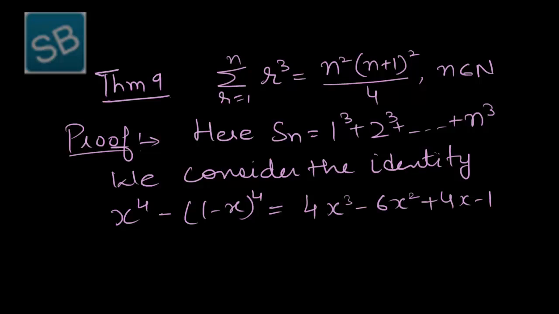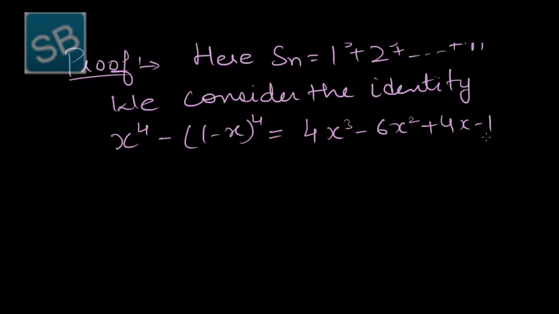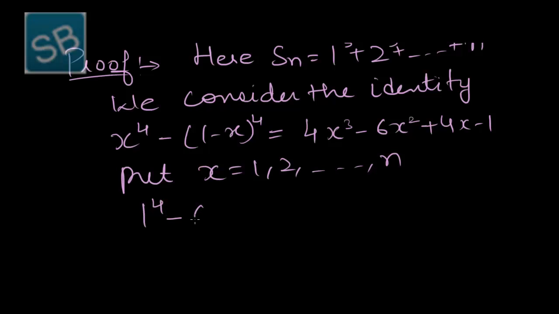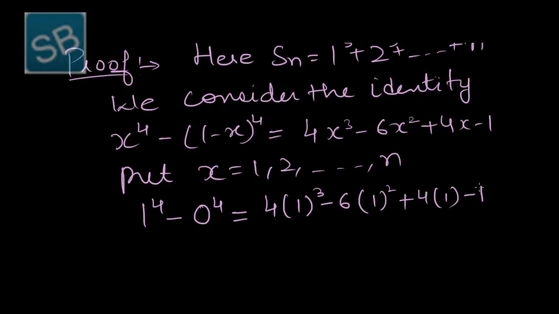Now after choosing the identity, the problem becomes very easy. Now put x equal to 1 up to n. We get 1 raised to power 4 minus 0 raised to power 4 is equal to 4 into 1 cube minus 6 into 1 square plus 4 into 1 minus 1.